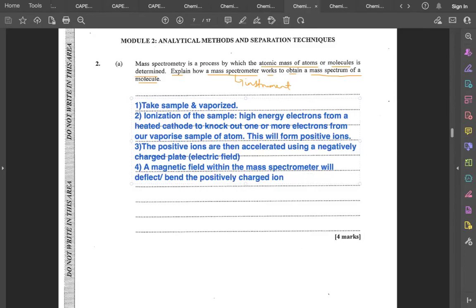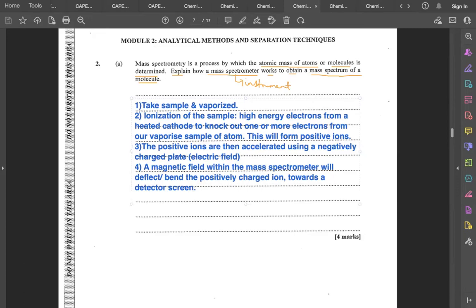It's going to deflect it towards a detector screen. The magnetic field is going to bend the positively charged ion in such a way that it goes towards a detector screen.